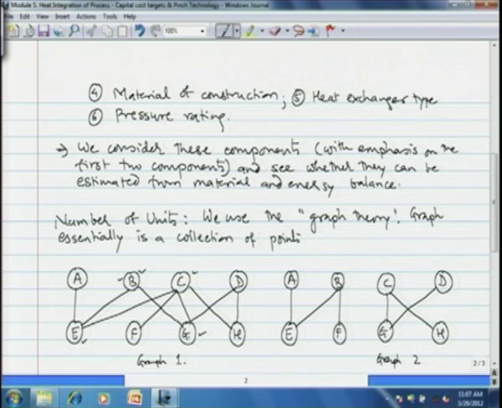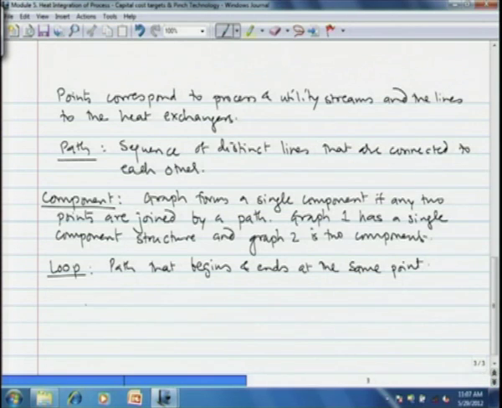Similarly, C, G, D, H, C is another loop. So, at that point we note examples of loop. B, G, C, E, B is a loop. Then C, G, D, H, C is another loop.